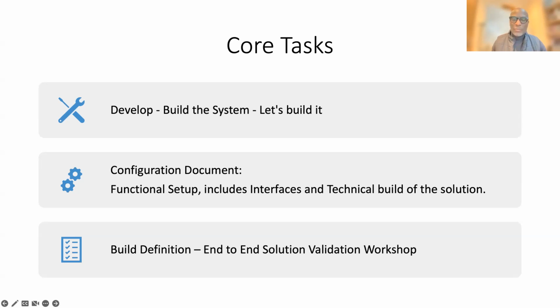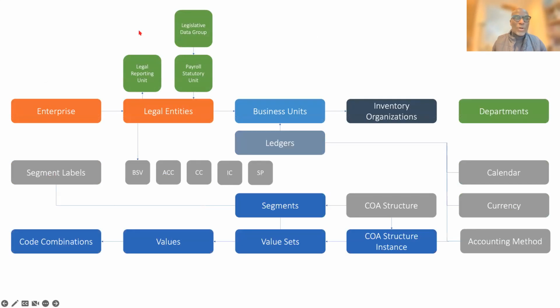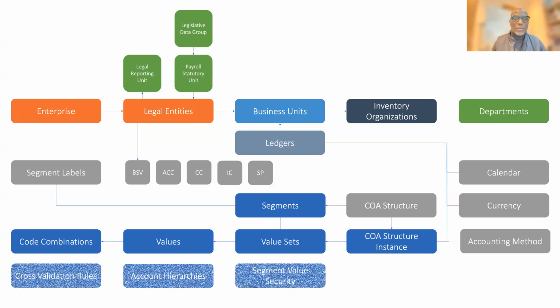Now, I'm going to start off by looking at the enterprise structure once again. And if you remember, we went through the core flow of the enterprise structure. We looked at the organization structure as well, and then the financial structure as well.